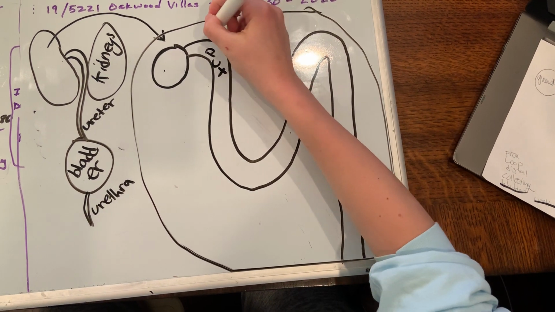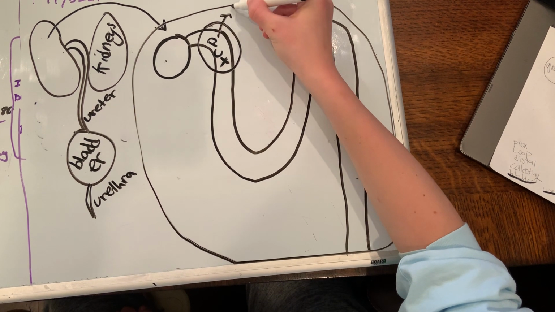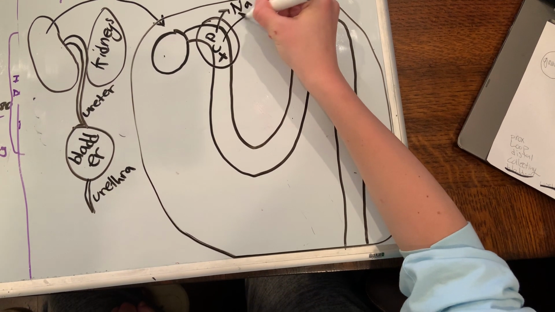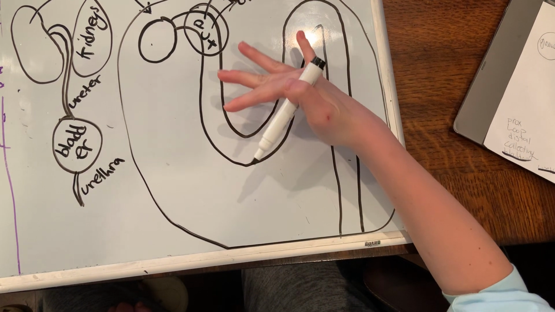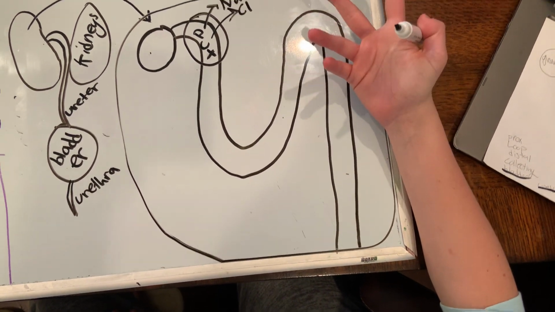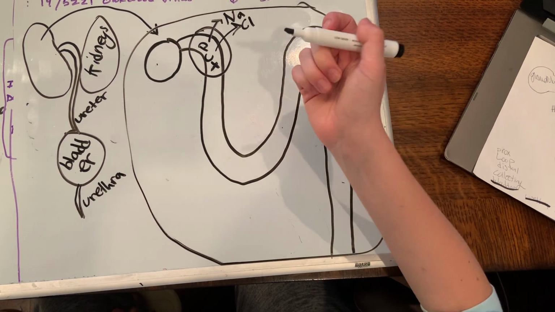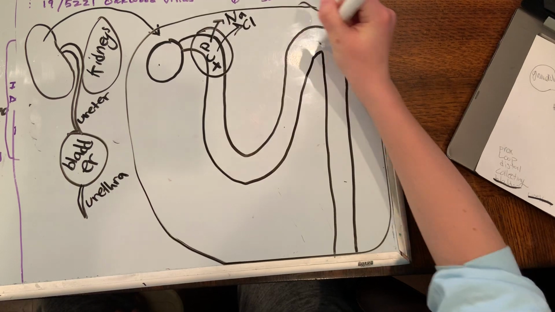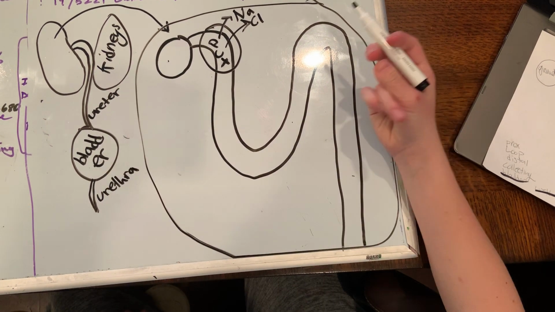And basically what happens here is Na and Cl, they get reabsorbed into the bloodstream or the interstitial fluid. And reabsorption basically means that it will be going back into the blood instead of following the path out to essentially your ureter, bladder, and then your urethra.